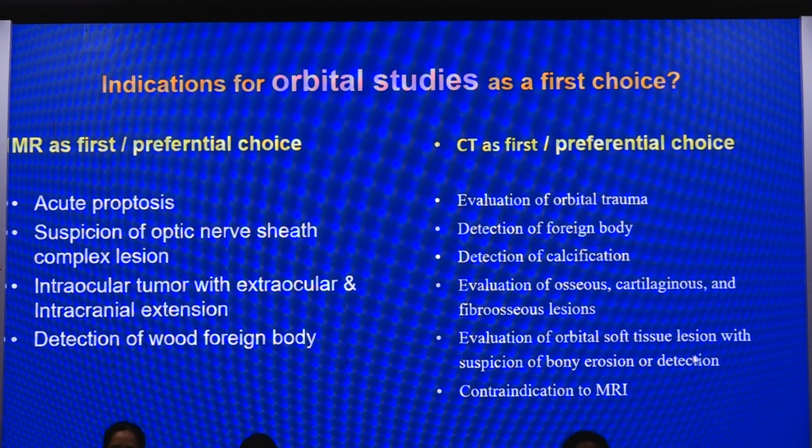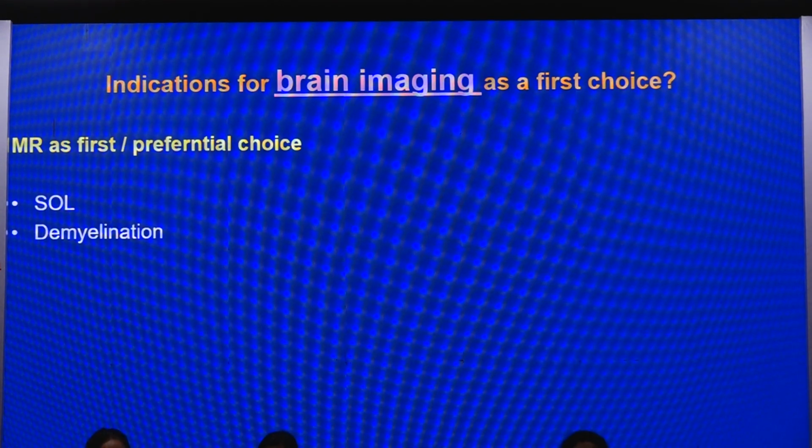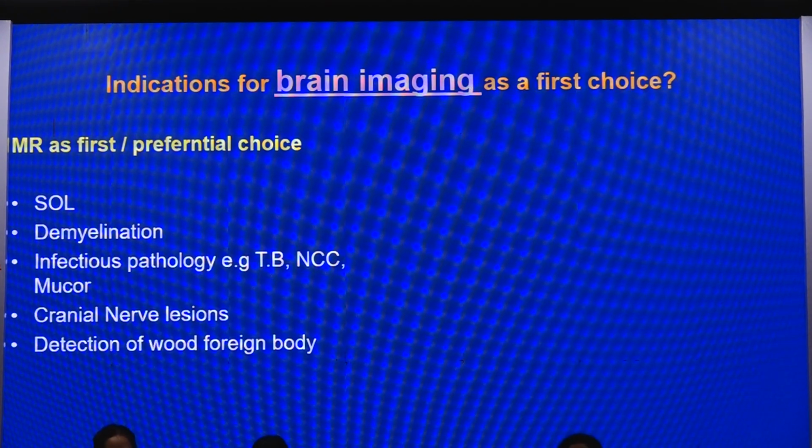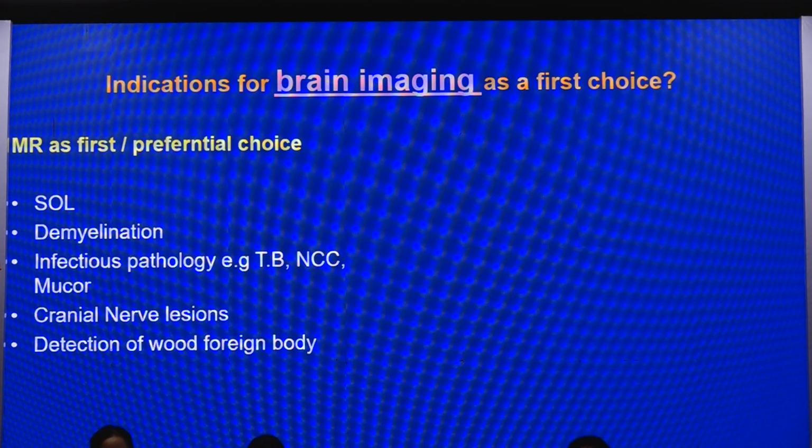And one more thing: when you want to know about bony destruction, how would you come to know, because the MRI does not show the bone. So whenever there is a tumor in the brain and you want to know whether there is thinning of the bone, then you have to order the CT scan. Again, for brain imaging, when you are seeing a patient with only ocular concerns and you want to order imaging, these are the indications to think of: demyelination, tuberculosis, TBM, NCC (neurocysticercosis), anemic core, which you must know about in the COVID era, and cranial nerve lesions.